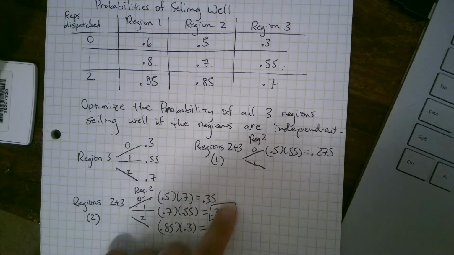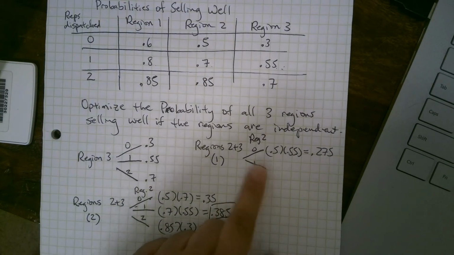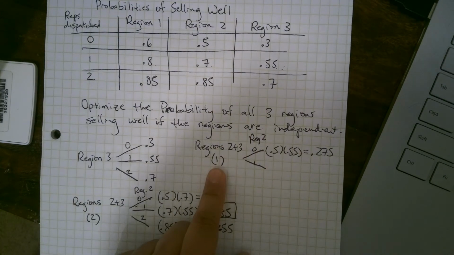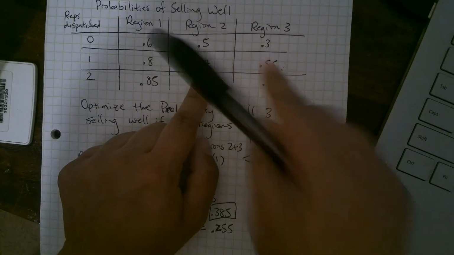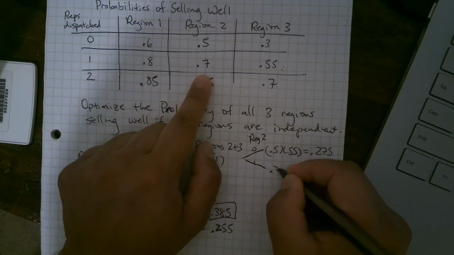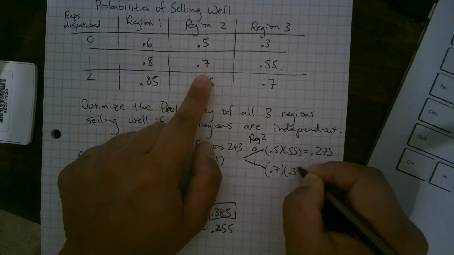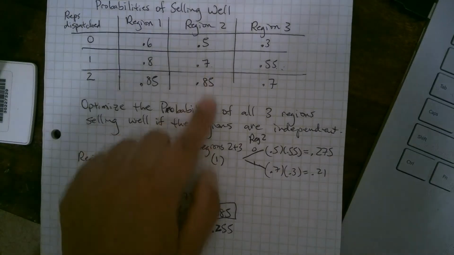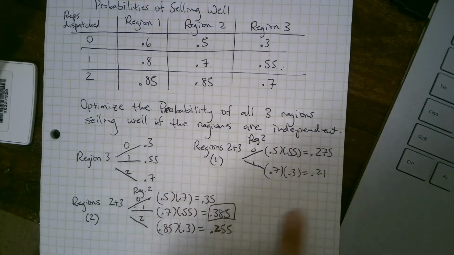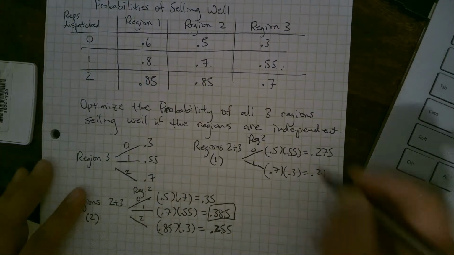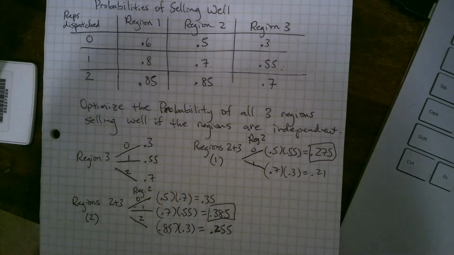And then if I have 1 rep to region 2, I have 0 to region 3, for a total of 1 in regions 2 and 3. So multiply those 2 probabilities, 0.7 times 0.3 is 0.21. So the maximum I can get here with 1 rep in regions 2 and 3 is 0.275.